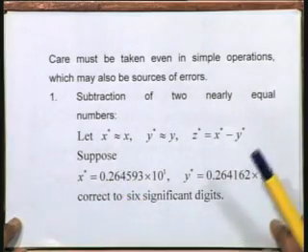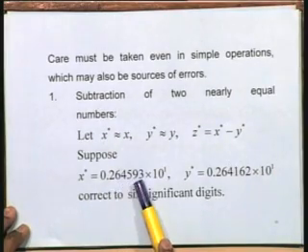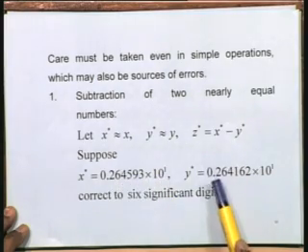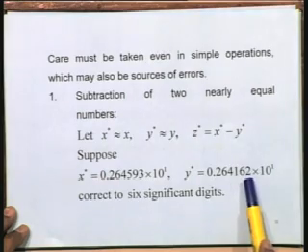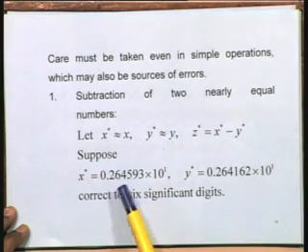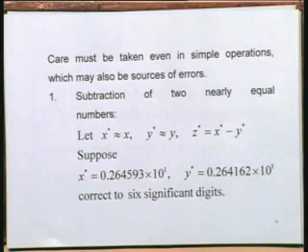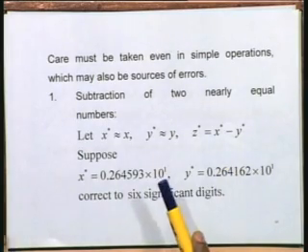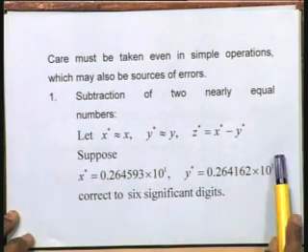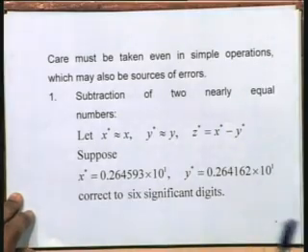Let us take 2 numbers: x star to 6 significant digits, 2.64593 into 10 to the power 1, and y star as 2.64162 into 10 to the power 1. Both are correct to 6 significant digits, because we are now talking in the normal form, which is what the computer uses.